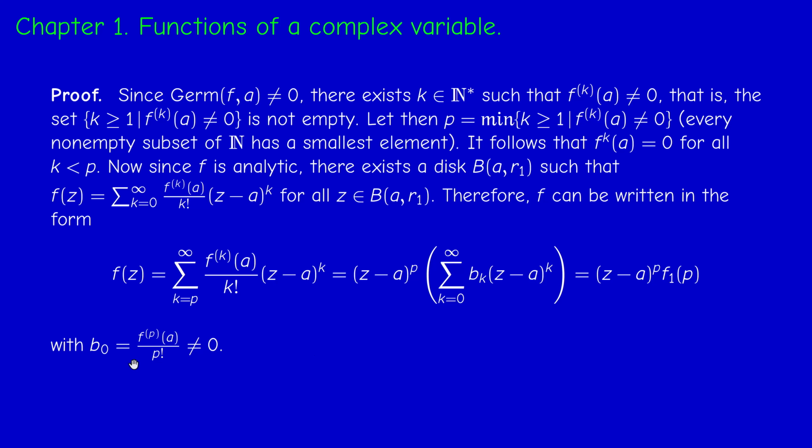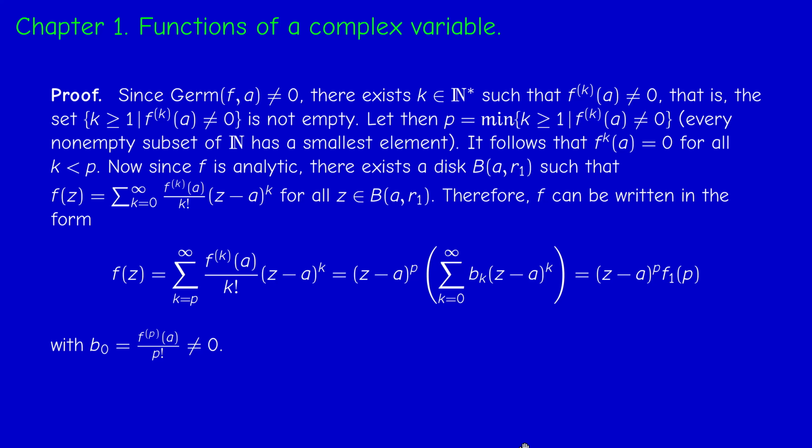It's the first coefficient, which is F to the P of A divided by P factorial, which is equal to F1 of A. But by assumption, F1 of A is different from 0. So if F1 of A is different from 0, continuity of F1 implies that F1 does not vanish on a neighborhood of A. It's just a consequence of continuity.